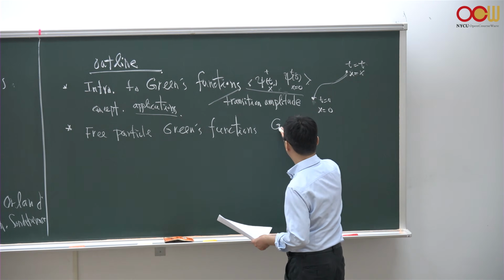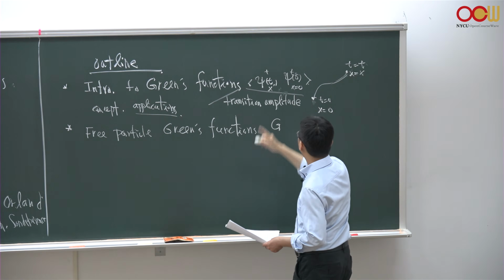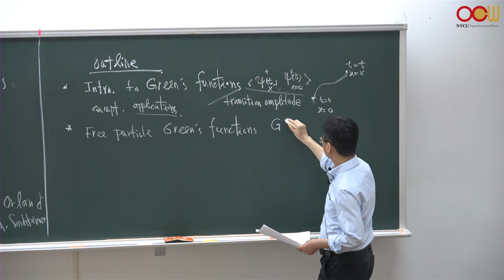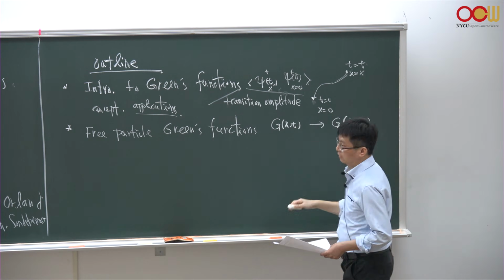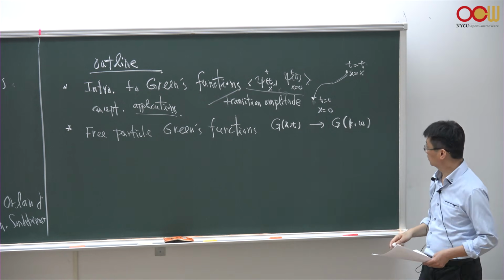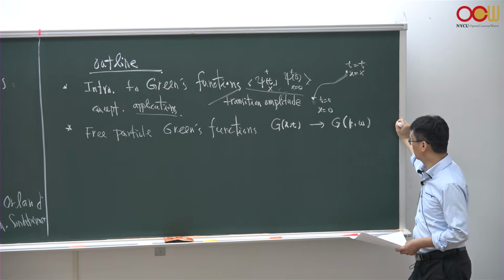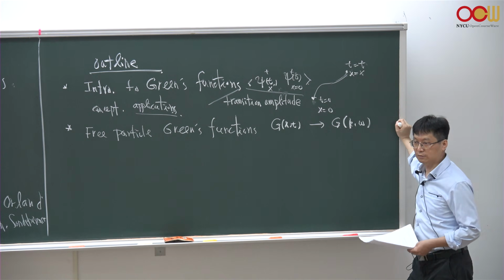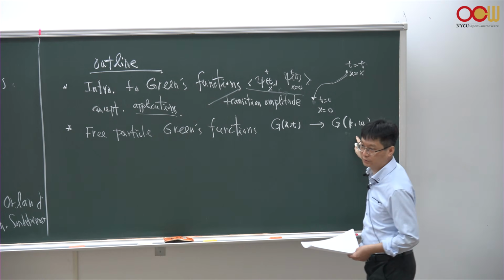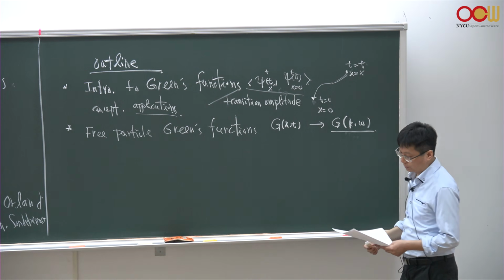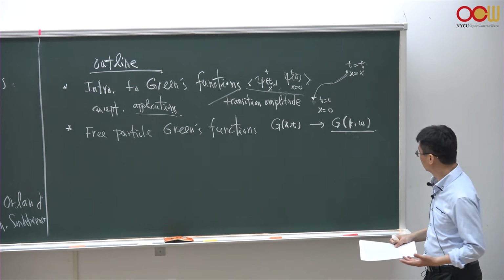If I denote this G as this kind of single particle correlation function, we will learn how to Fourier transform this correlation function G(x,t) to its Fourier space, which is momentum and frequency space. This is a very important quantity that has direct relevance for physical observables in the lab.